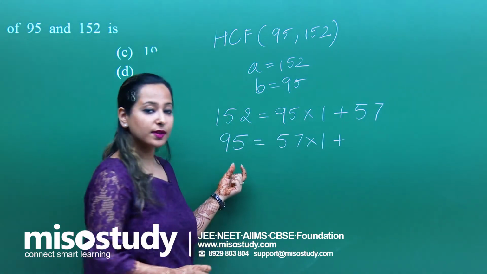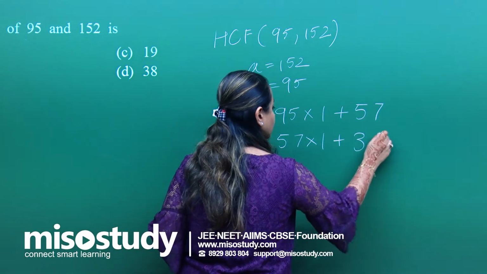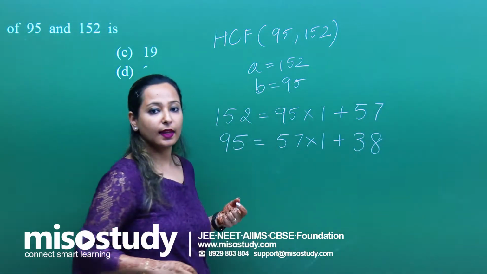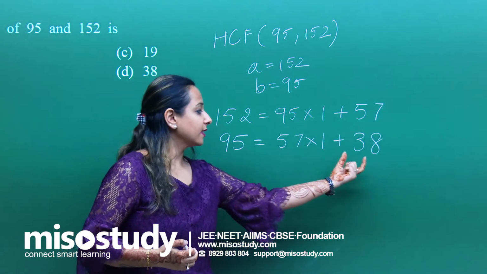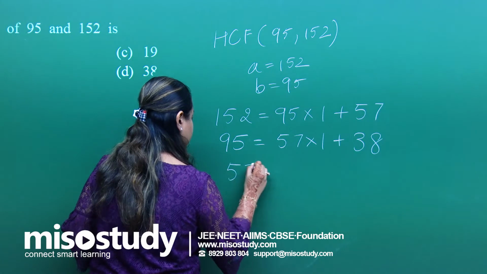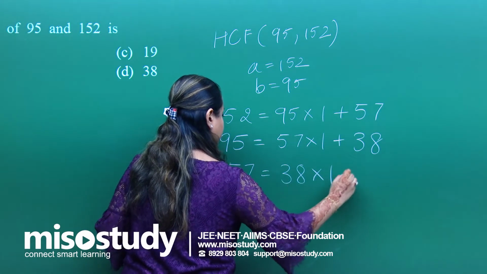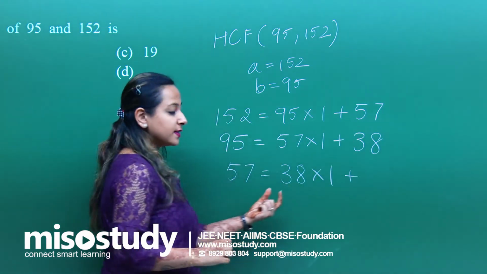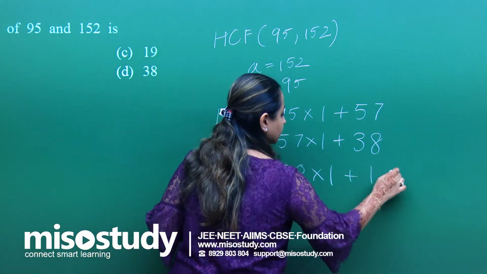Now we will subtract 57 out of 95, which is equal to 38. In the next step, this will become the dividend and this will become the divisor. Now we will subtract 38 out of 57, which is equal to 19.